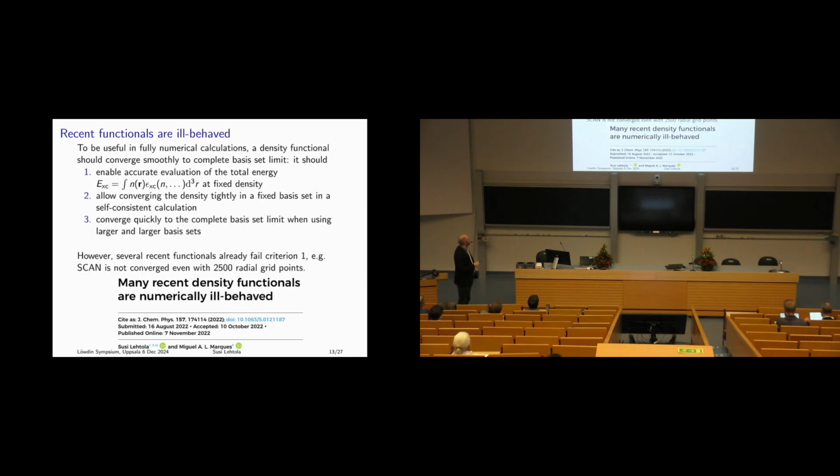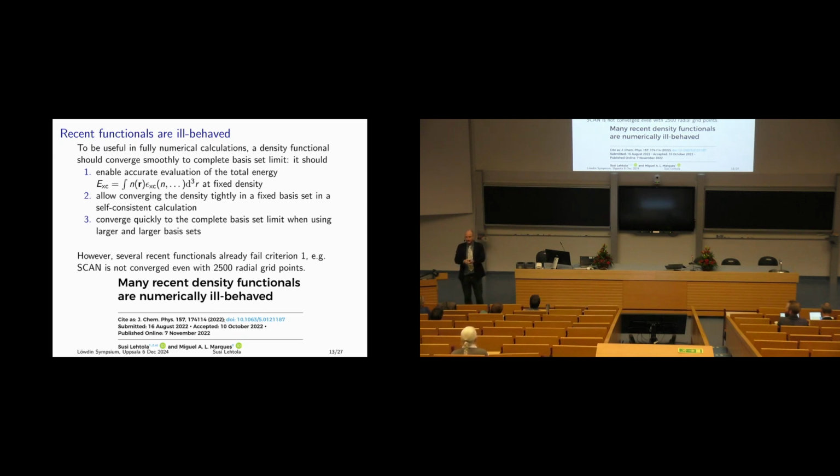So basically, if you want a density functional to be useful in a fully numerical calculation, you can write down three criteria. When I run a self-consistent field calculation, I start from some guess, and then I relax the density, and then I have some converged density in my basis.